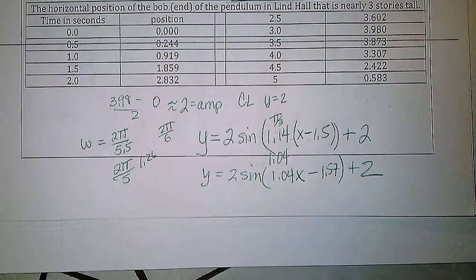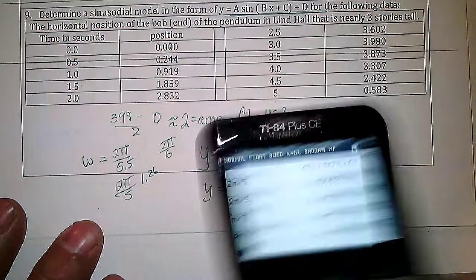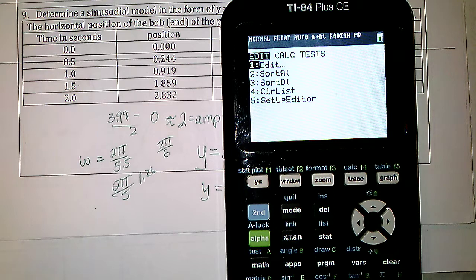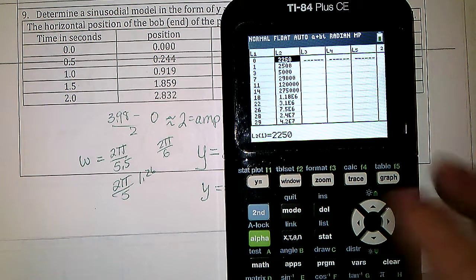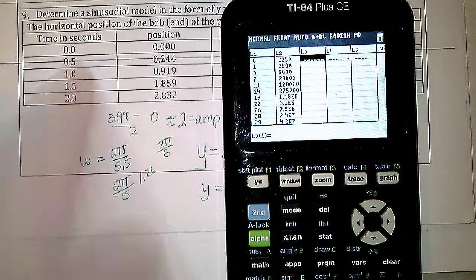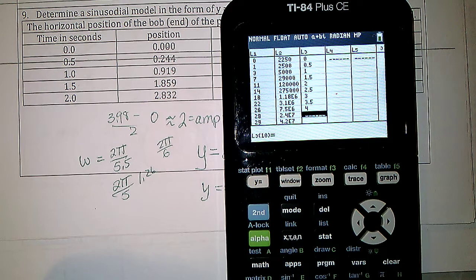Yeah. So now I'm going to have the calculator do it, just so that you guys can see how to do that. So I'm going to push Stat, Edit, and I'll put in list 3 the times 0, 0.5, 1, 1.5, 2, 2.5, 3, 3.5, 4, 4.5, 5.